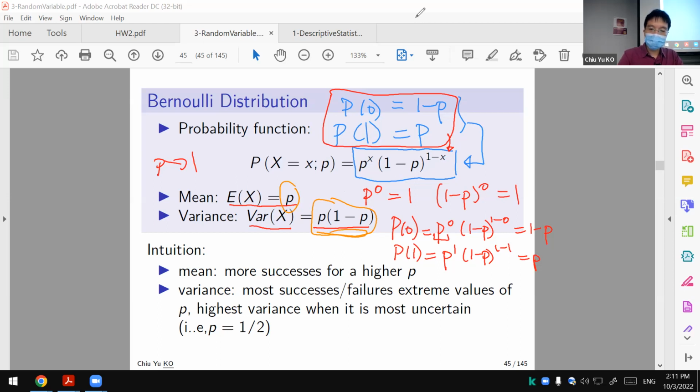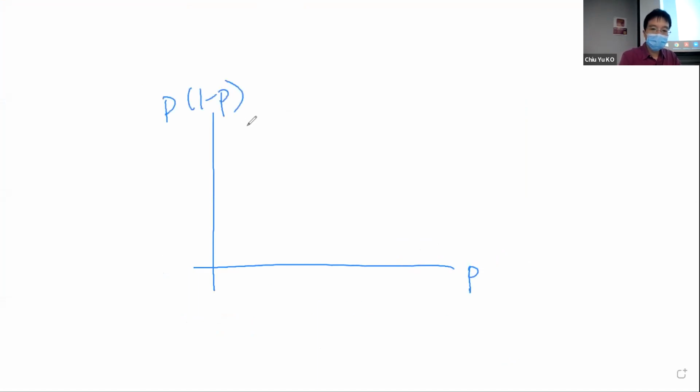But do note what you see from this P times 1 minus P. If you recall what you learned in high school, maybe I can use a whiteboard. This is P, and this is P times 1 minus P. P can only go from 0 to 1 because it's a probability.